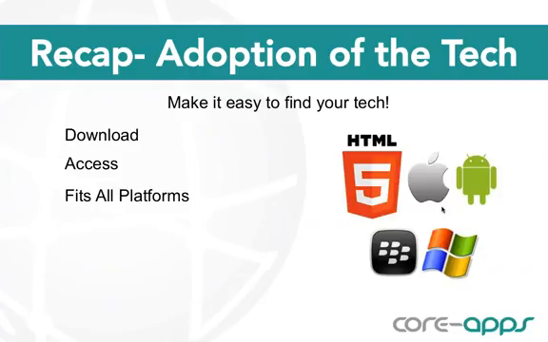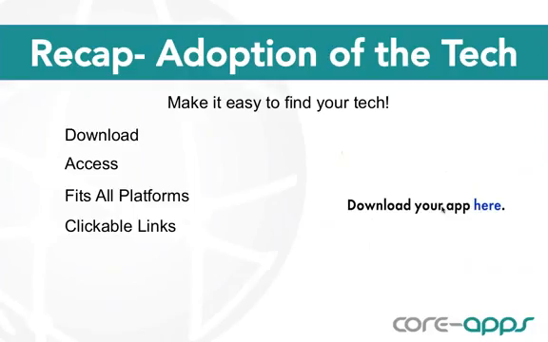Everything that we do on the Go Expo side, the event management side, works on Macs, works on Windows, works on all the platforms that are out there, works through all the browsers that are out there. So we make sure that we fit all of those. Having clickable links, something like this that's simple there, right next to a phone picture, within your emails that you're sending out, all of those things will help with the adoption of your technology.